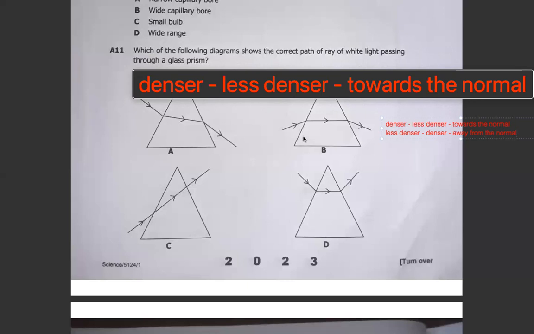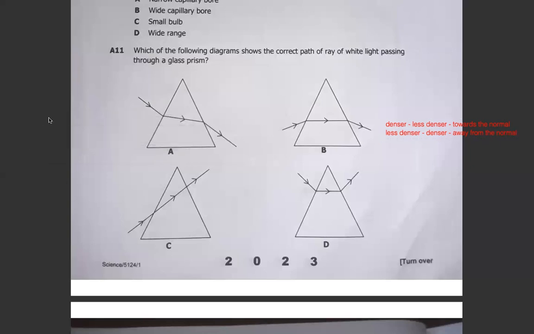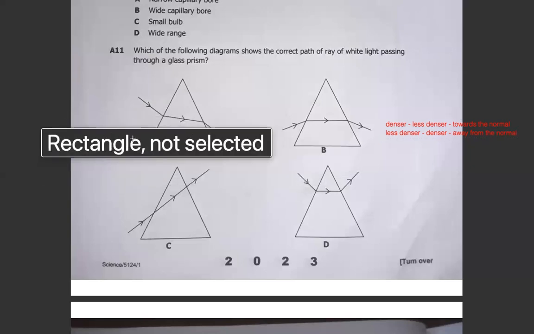So this is what we are going to follow to answer this question. And we also have to understand that at the point of intersection, at the boundary between the two different media where the ray of light is striking, there's a normal that is drawn, and that normal must be at 90 degrees.